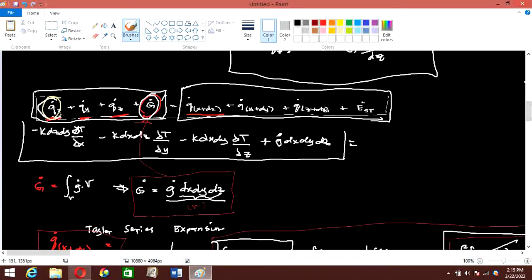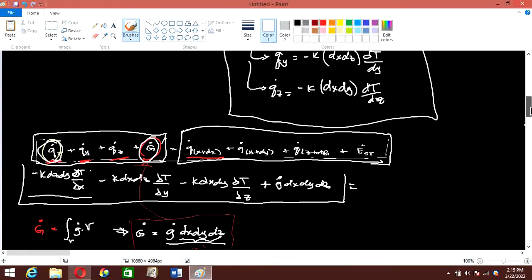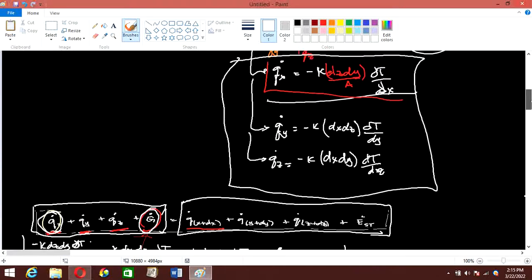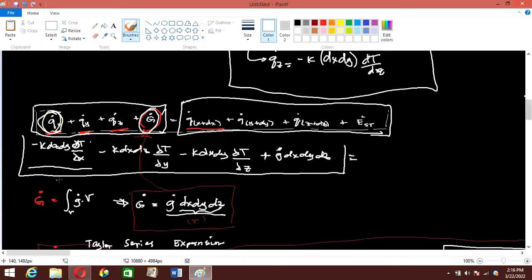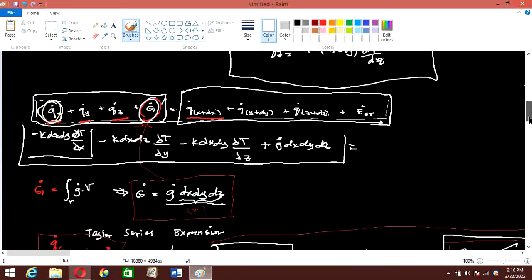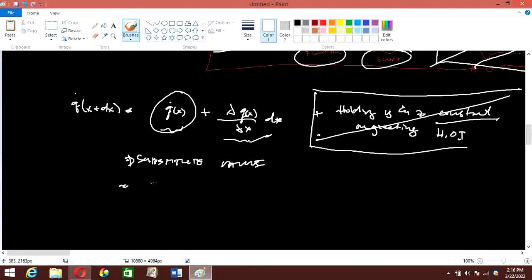So this part here is equal to this part: negative k dA dt over dx, where dA is dy dz. So that is our qx.